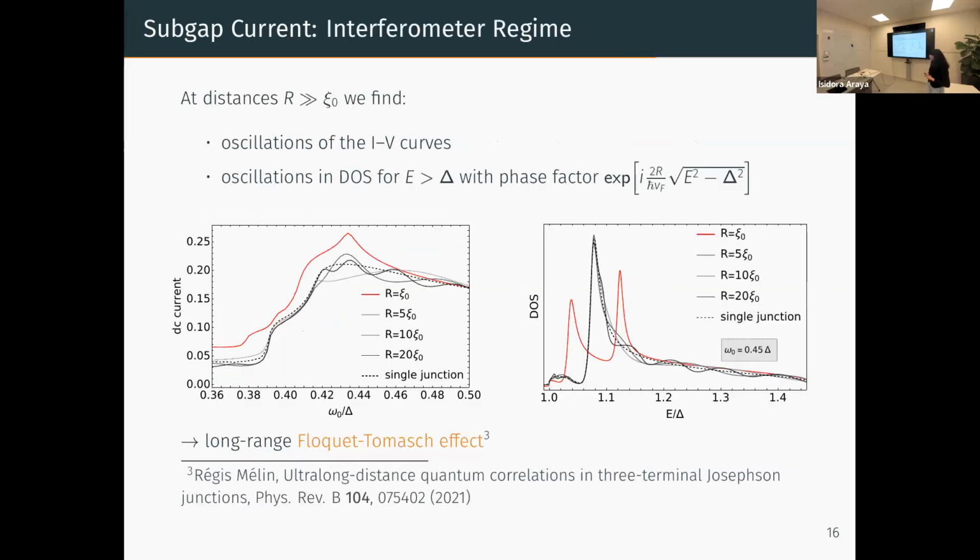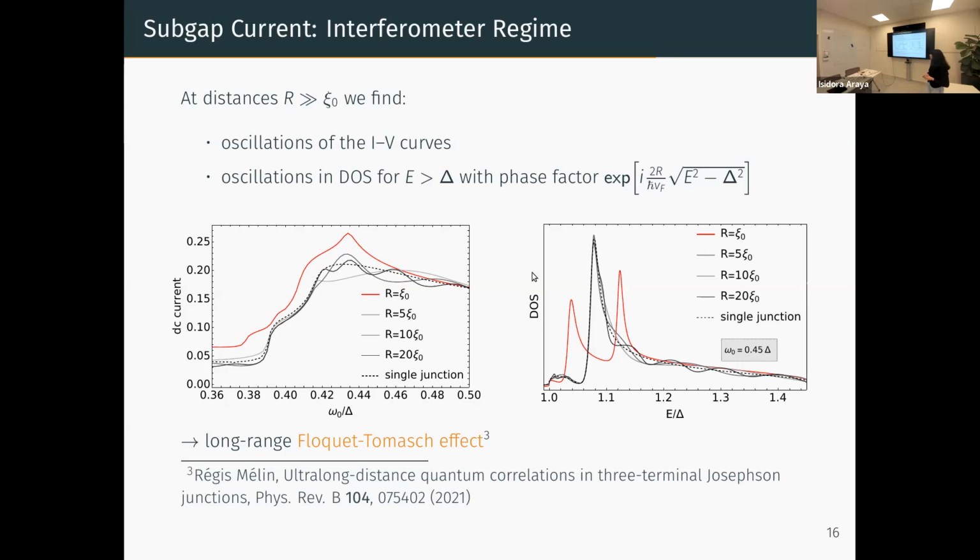Now I increase the distance, and one might expect to just find two decoupled junctions, but actually, if I make a zoom on one of the Marsh steps, I see that once I increase the distance, I get some oscillations of the IV curve itself. So the system is like an interferometer now, because you can change the current by changing the voltage.